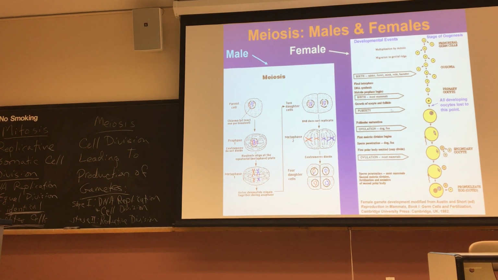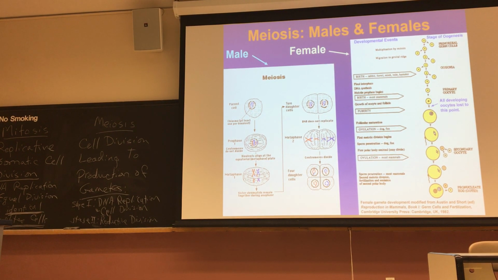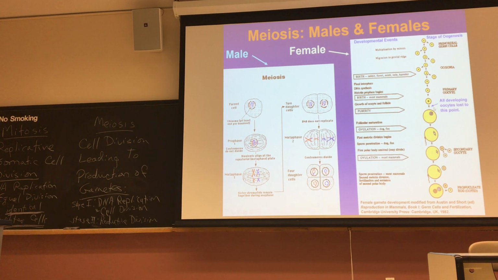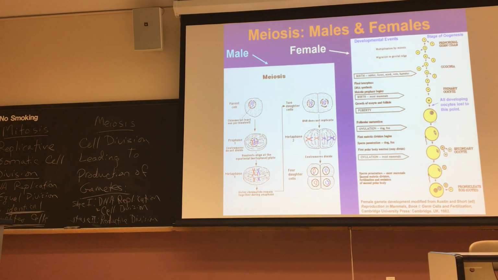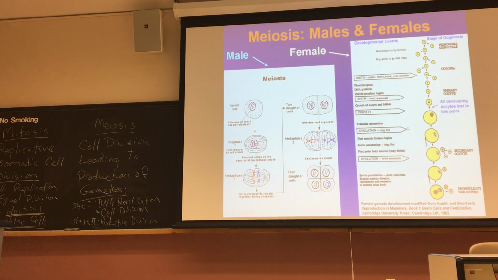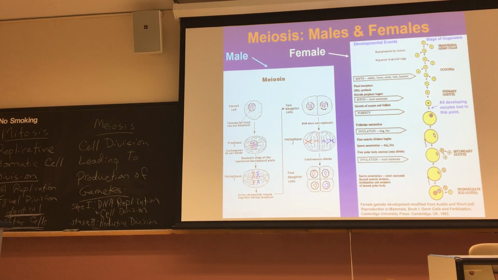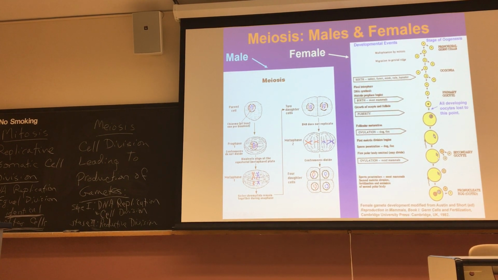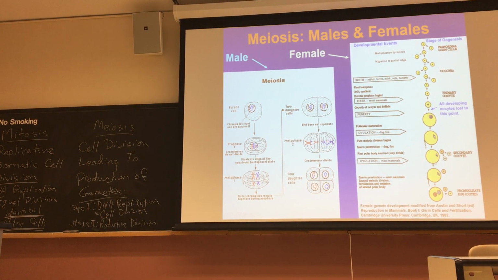But once you hit puberty and the hormonal conditions are right for development of the oocyte, you will start to see oocyte meiosis resumed, and at about the time of ovulation, you're going to see the completion of the first meiotic division to give you an immature oocyte and what's called here a secondary oocyte or polar body.